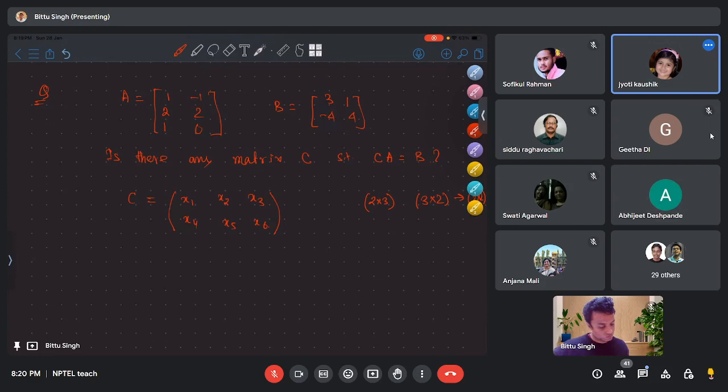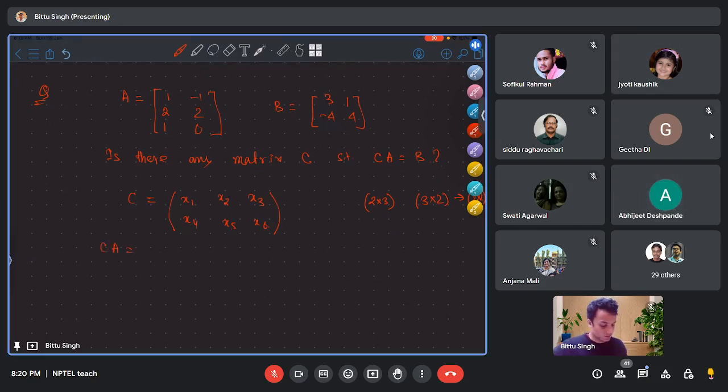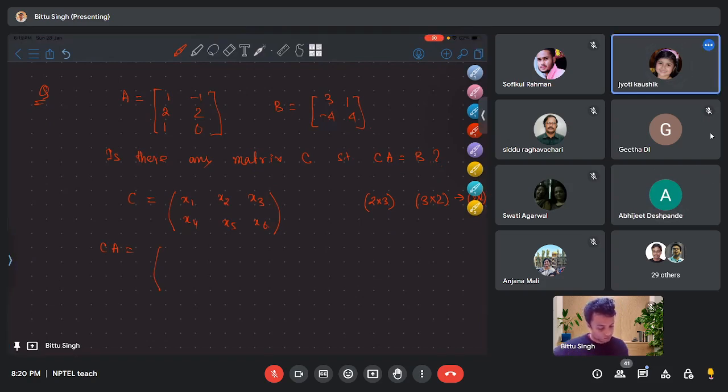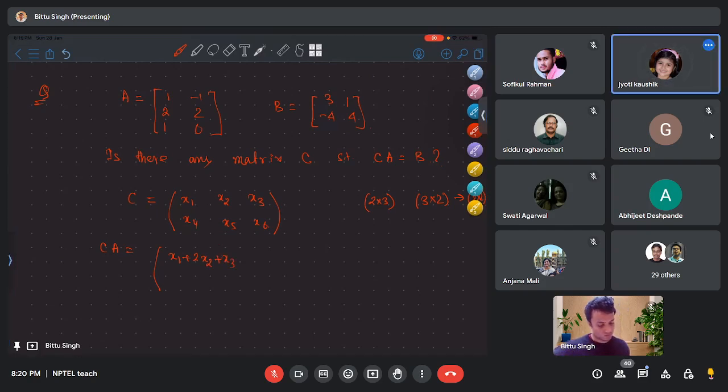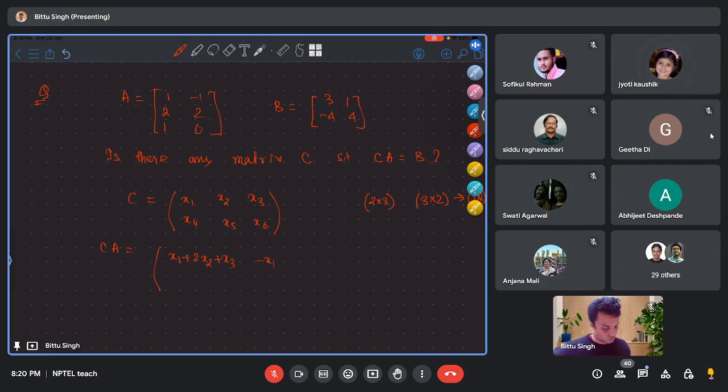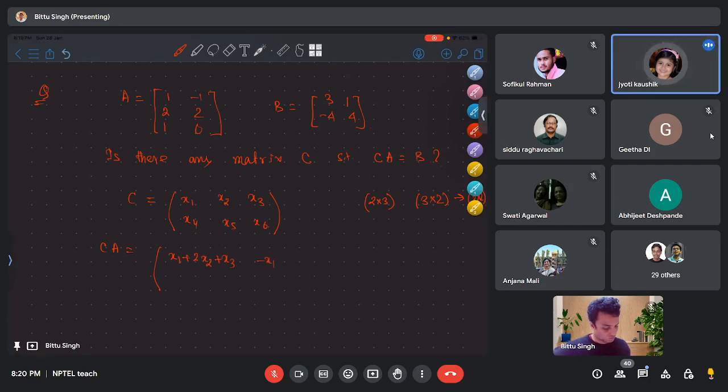So what will be C times A? The first row is x1 plus 2x2 plus x3, then minus x1 plus 2x2.